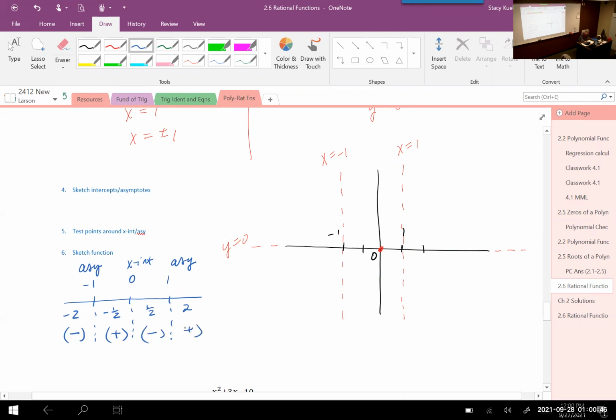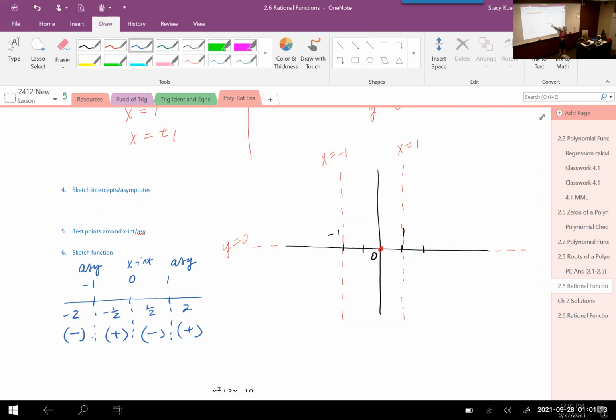That's telling me that to the left of -1, the function itself is going to be negative, below the x-axis. In between -1 and 0, my function is positive, so it's going to be above the x-axis.